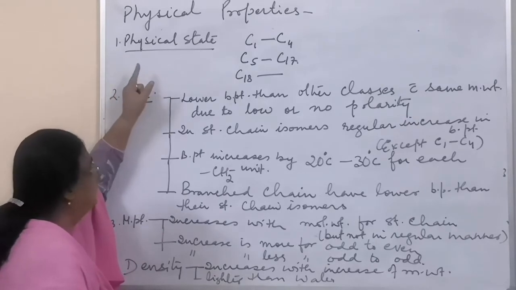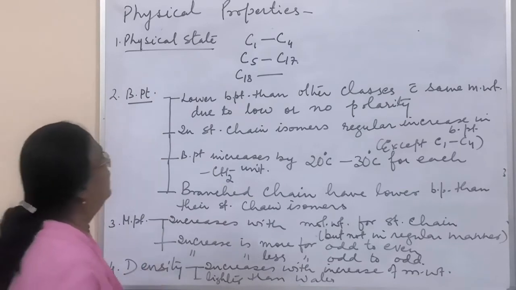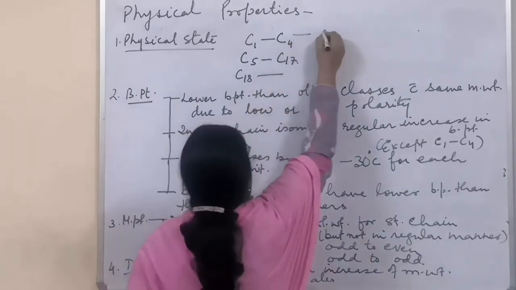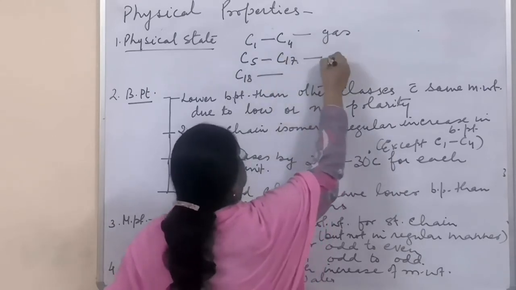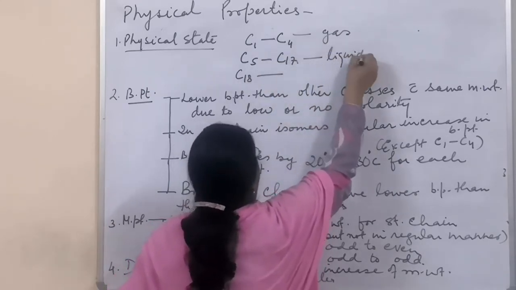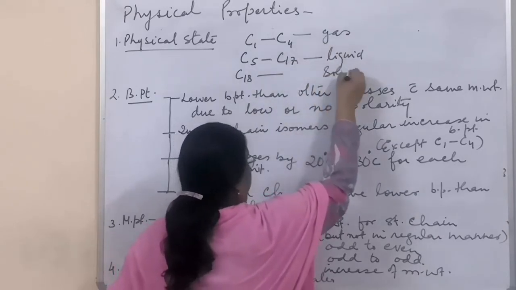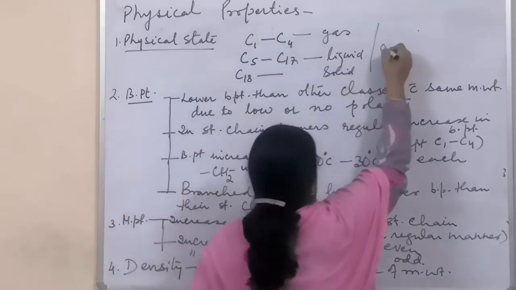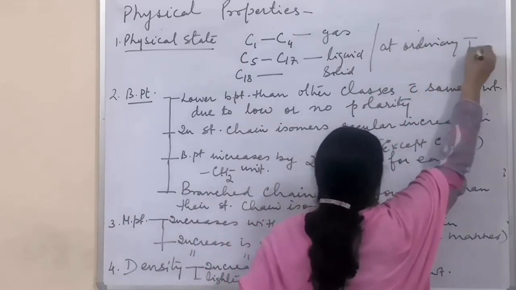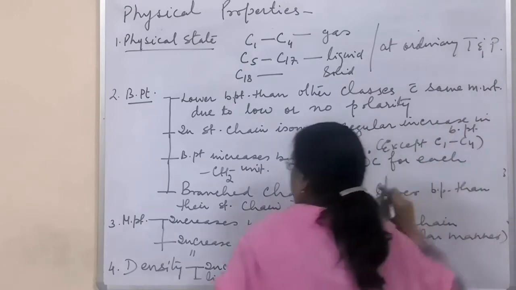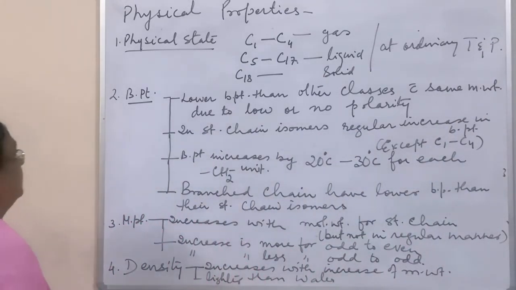So physical state: from carbon 1 to carbon 4, they are in the gaseous state, and C5 to C17 in the liquid state, and C18 onward waxy solid at ordinary temperature and pressure, room temperature and pressure.